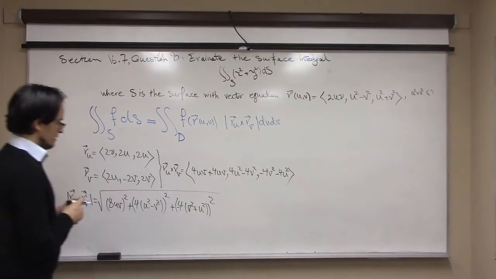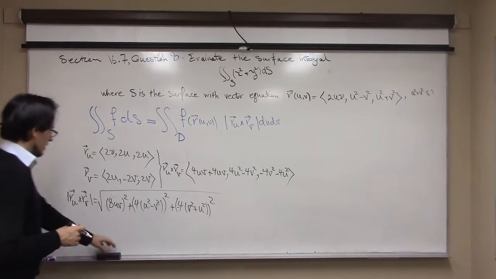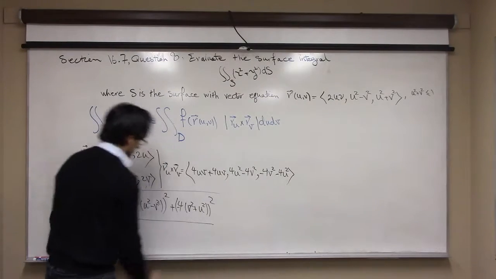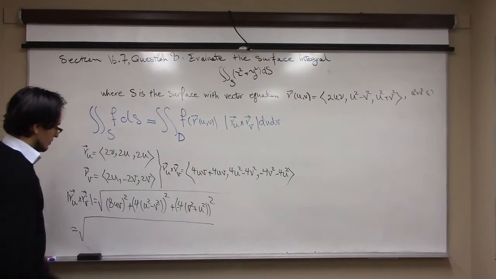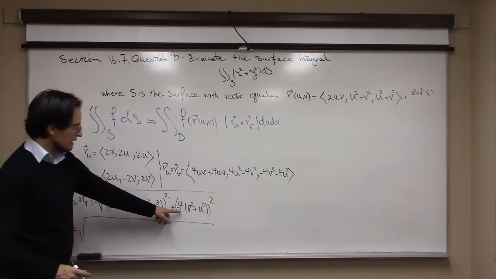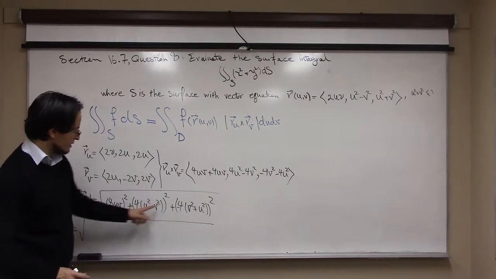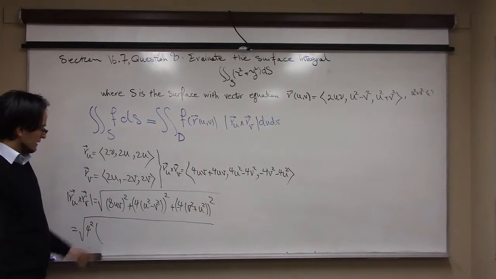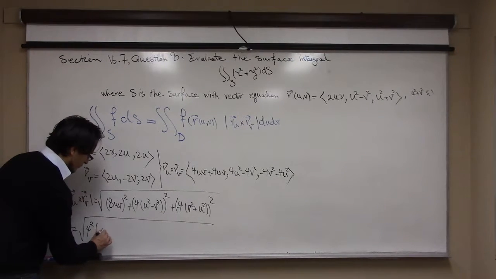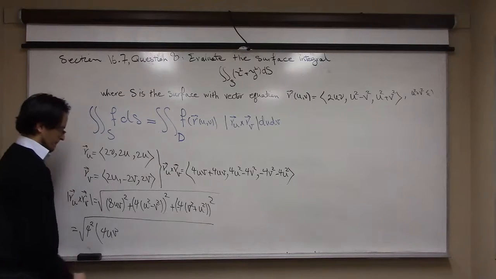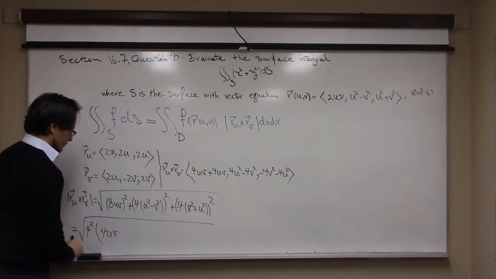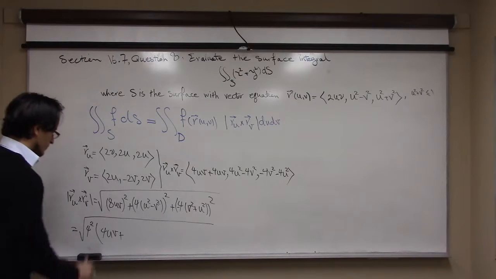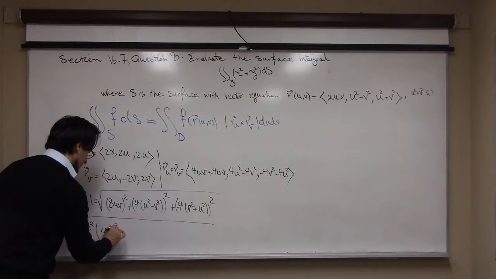Okay, that's good. Now let's open these terms. If I open up this guy, I can factor out 4 squared. So let me put out 4 squared here. Then the remaining is 4u squared v squared.